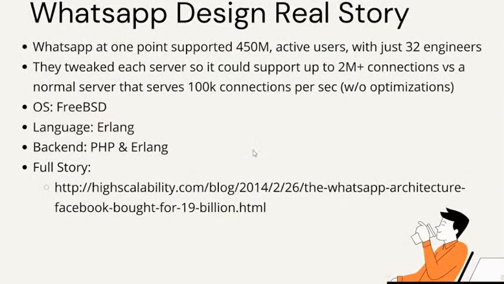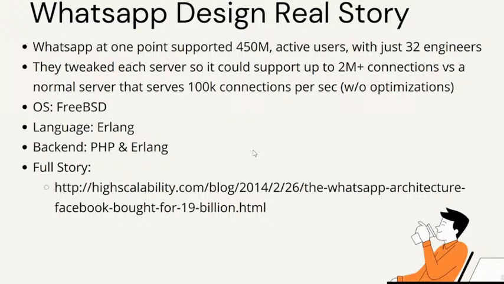Now let's take a look at the original WhatsApp design. At a high level, WhatsApp at one point supported 450 million customers, and today it supports roughly 1 billion active users. At the time, it had a system design team and an engineering team with just 32 engineers.